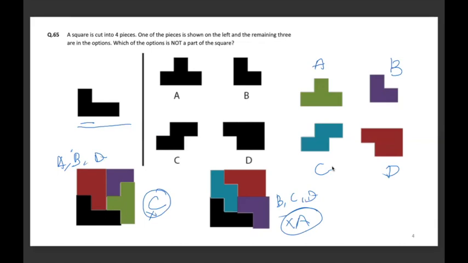But I brought this question just as an exercise to train your mind to visualize how we can use different puzzles and jigsaw pieces to make one form. Okay, we'll move to the next one now.